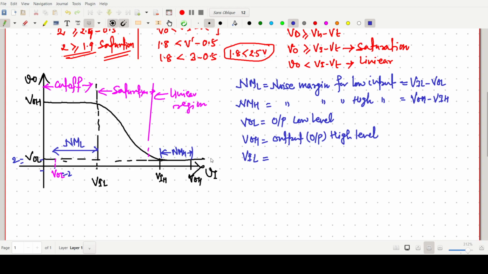Or we can say, the maximum value of input by the inverter to get the output value high.